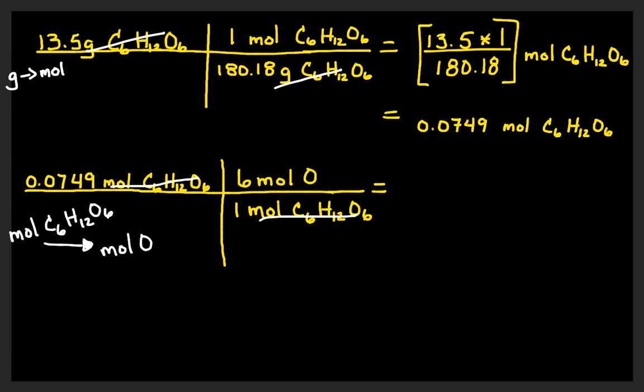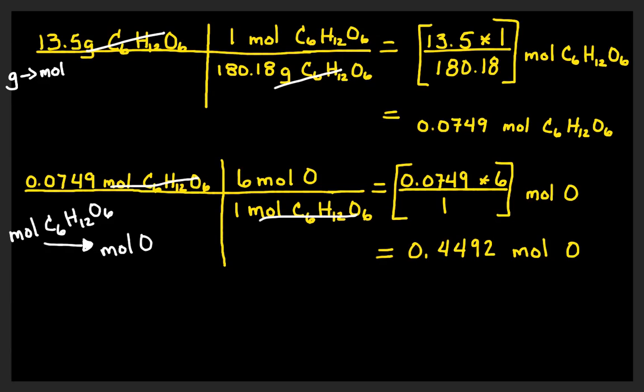I put 1 mole of C6H12O6 on the bottom and 6 moles of oxygen on the top, because we said earlier that I have 6 moles of oxygen to 1 mole of glucose, and I write it this way because I want the moles of C6H12O6 to cancel. So I'm left with moles of oxygen.